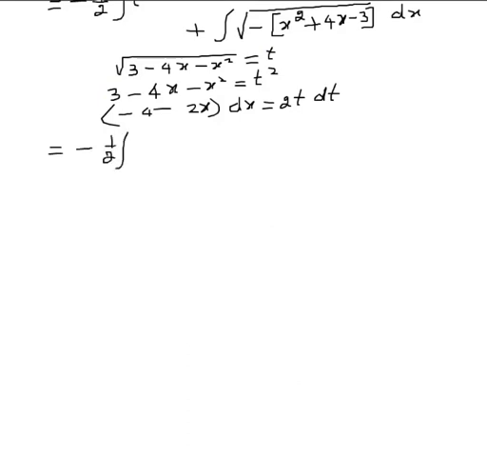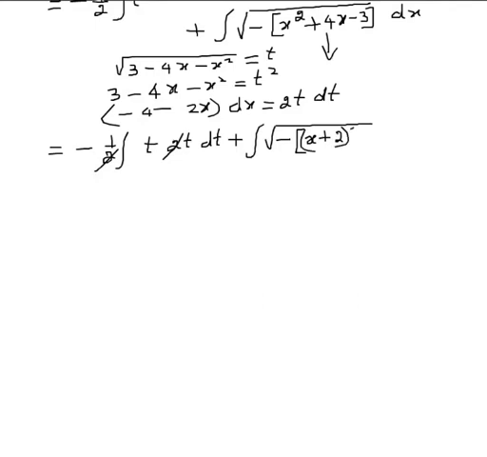Minus half into integral minus 4 minus 2x dx is 2t dt, and that root term is t, plus complete the squares for the second term, minus of x plus, divide the coefficient of x by 2.